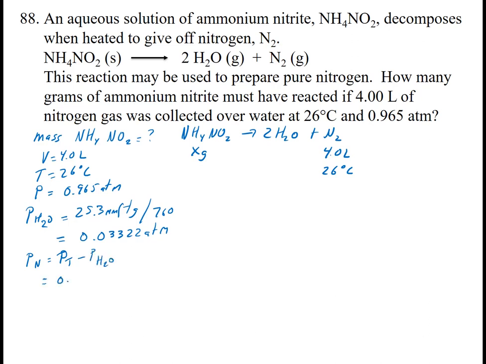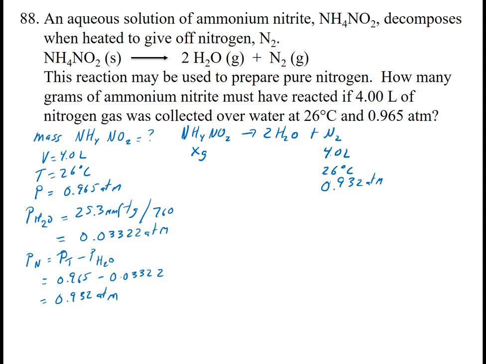So I have 0.965 minus 0.0332 to give me 0.932 atmospheres. Now it's basically just like a stoichiometry problem that I did before.